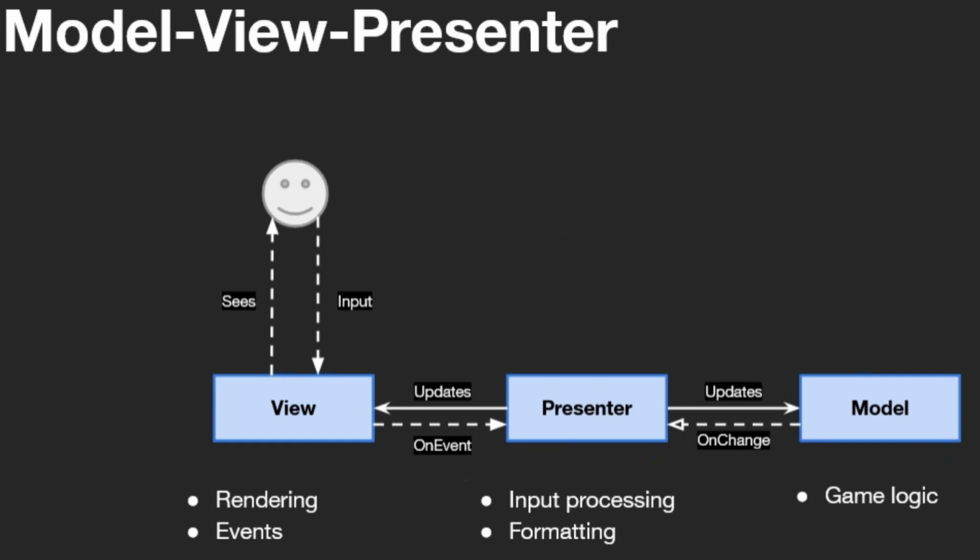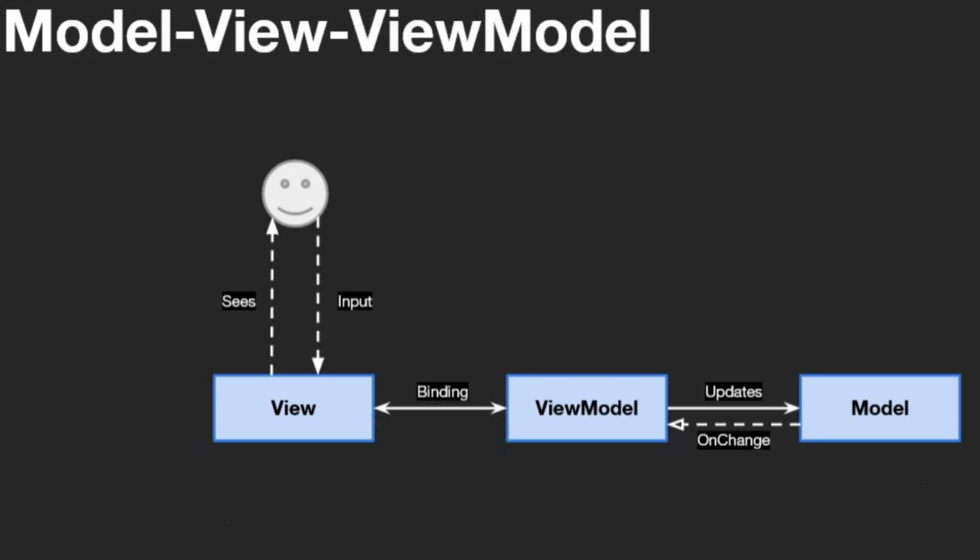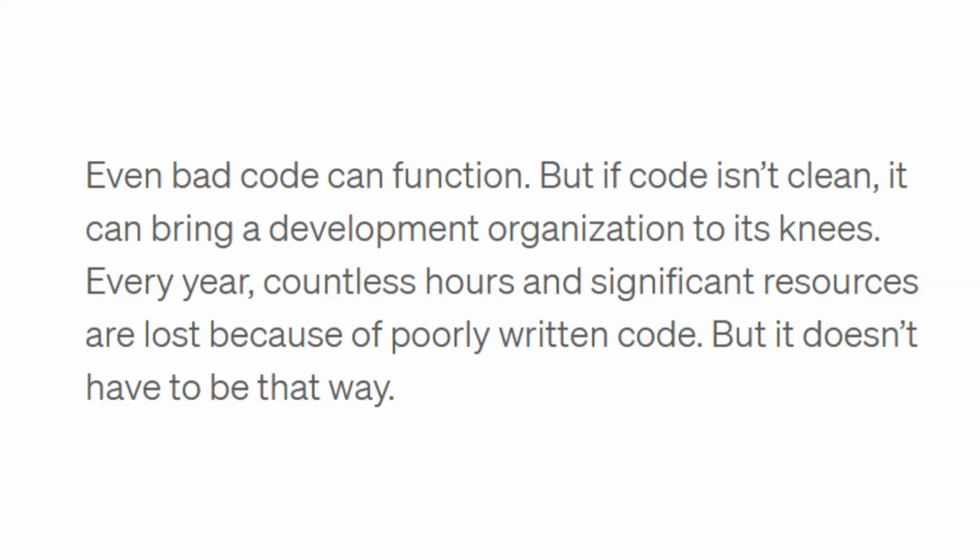GetX's promoted principles might be easier and will work fine in the beginning, but remember the quote from the Clean Code book: even bad code can function, but if code isn't clean, it can bring a development organization to its knees.